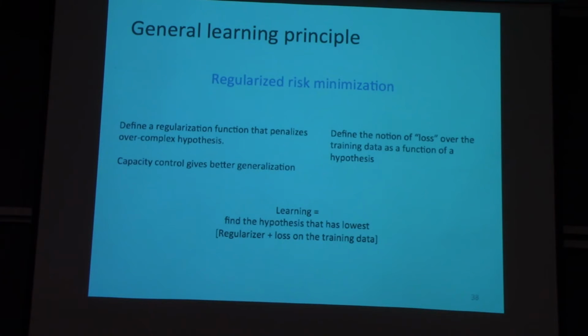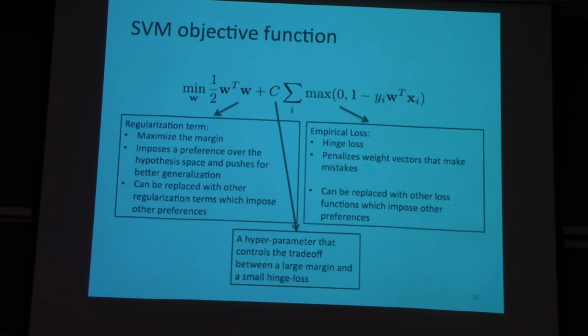But if you only care about making good prediction on the training set, we know already that that's overfitting, and we also want to get good generalization. So we can put another term which is called a regularizer or regularization and minimize both the regularization and the loss or empirical loss. So in this case, learning is find the hypothesis which minimizes the sum of the regularizer and the loss of the training data.